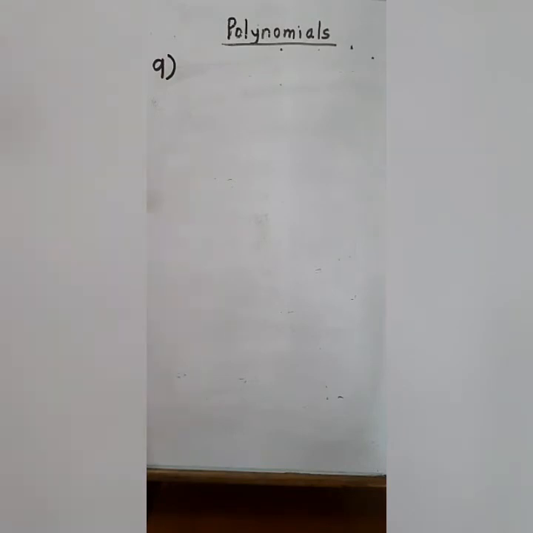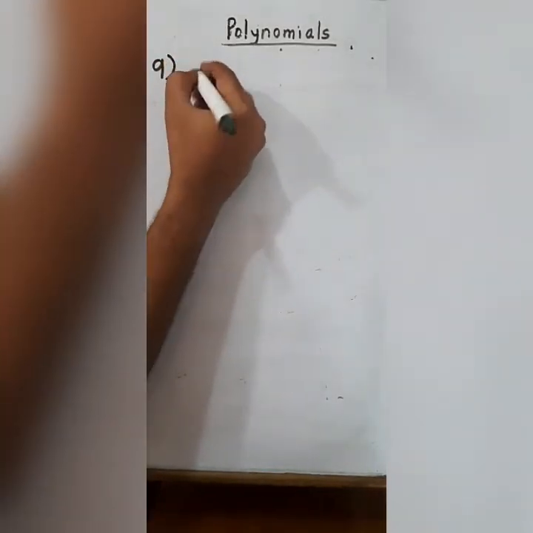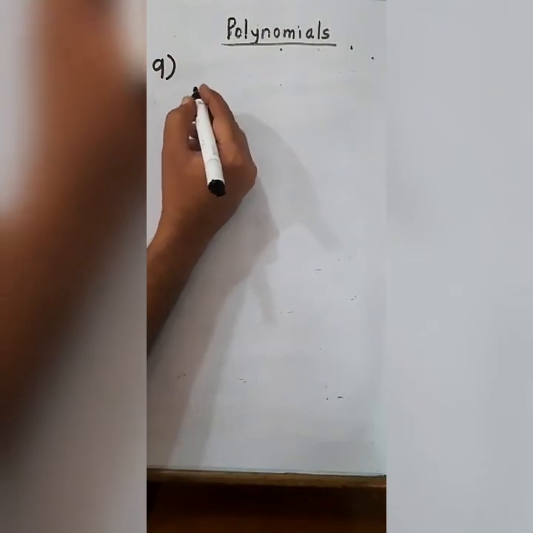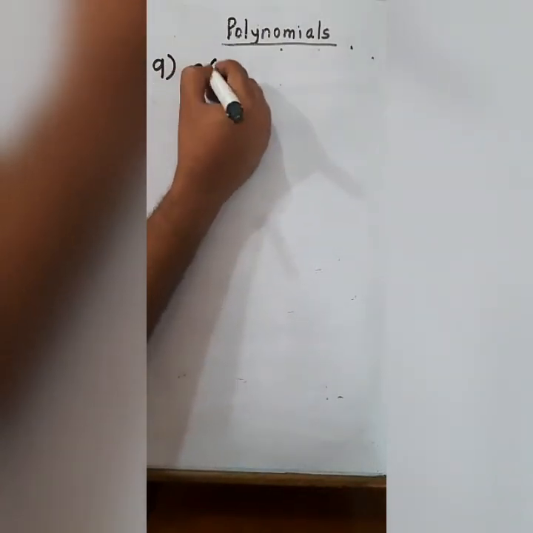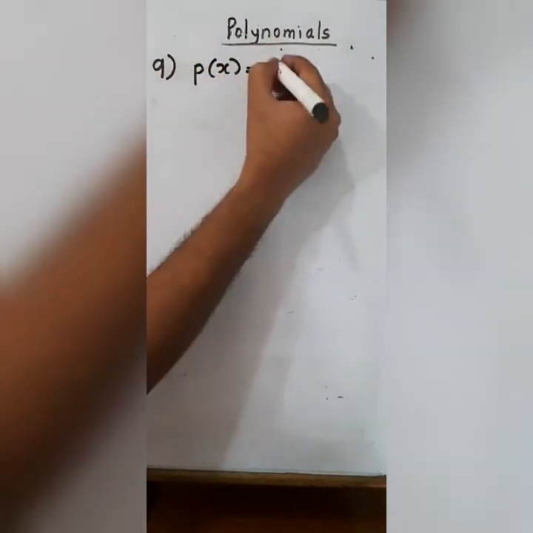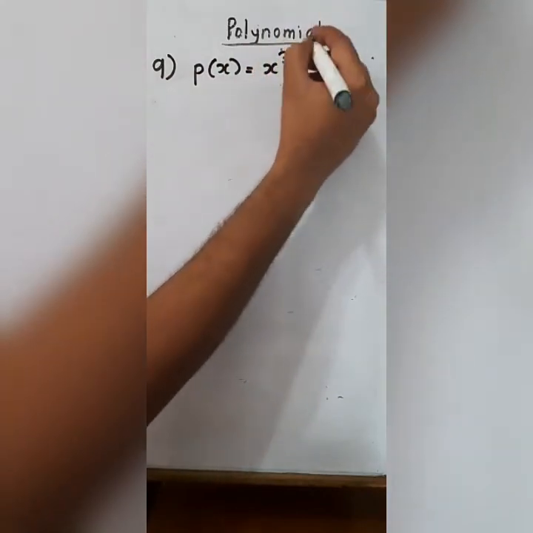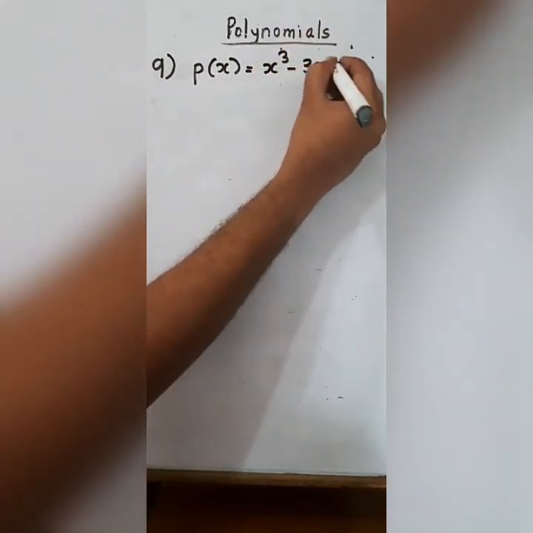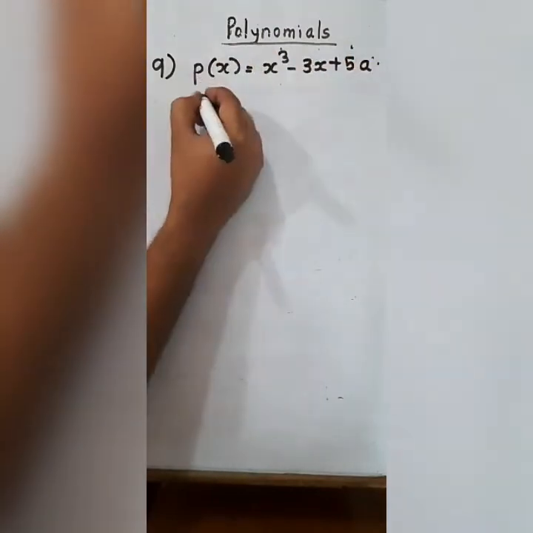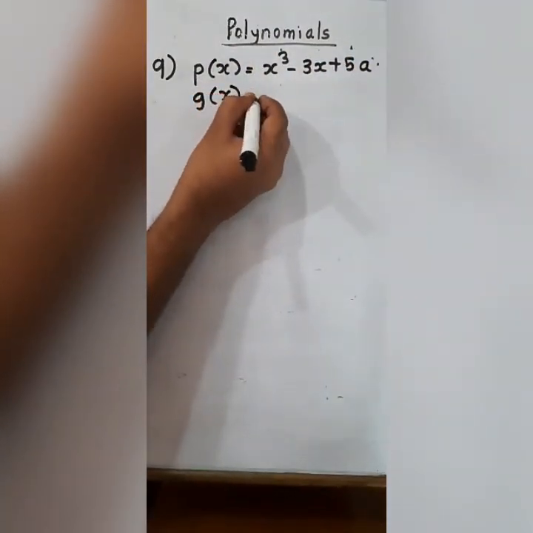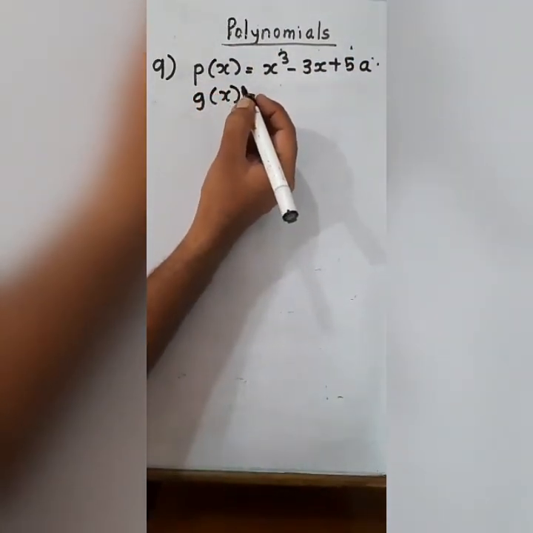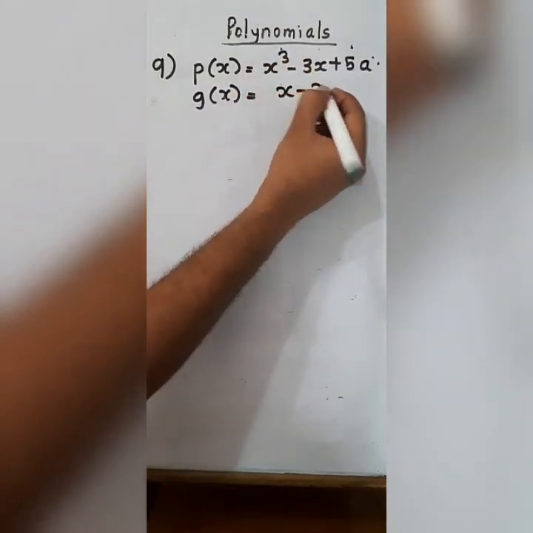Next is, now what do you mean by factor? If your remainder comes out to be 0, then it is a factor. What is given? P of x is equal to x cube minus 3x plus 5a, and your g of x is equal to x minus 2.